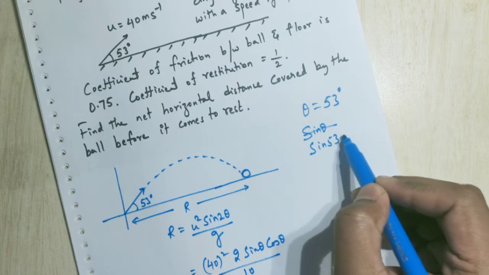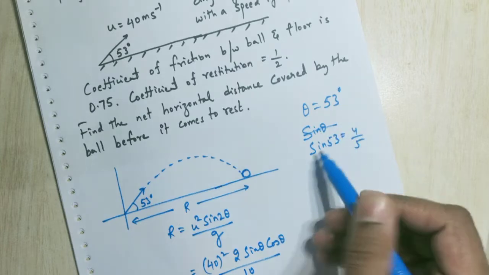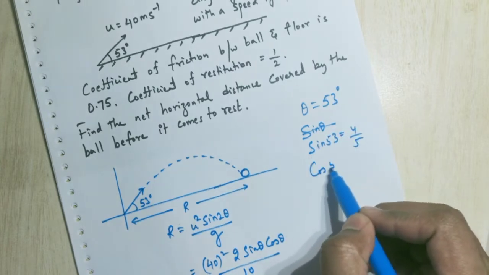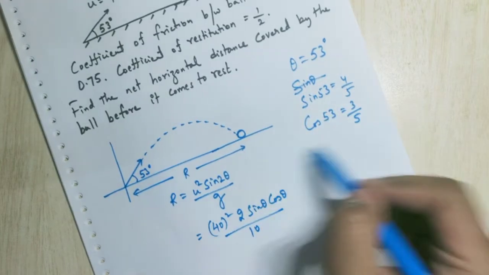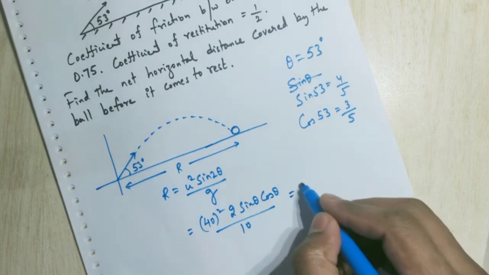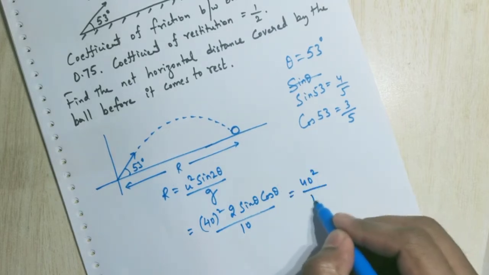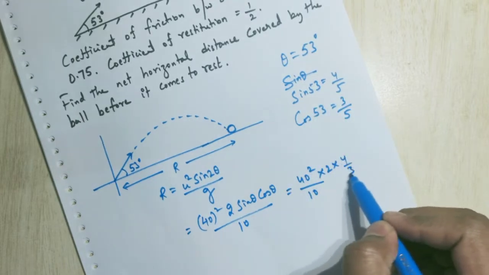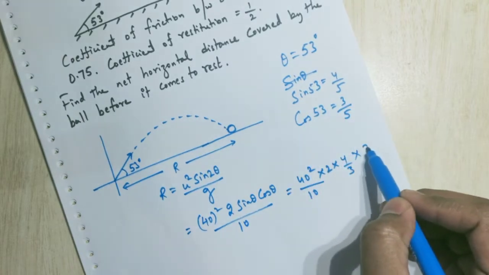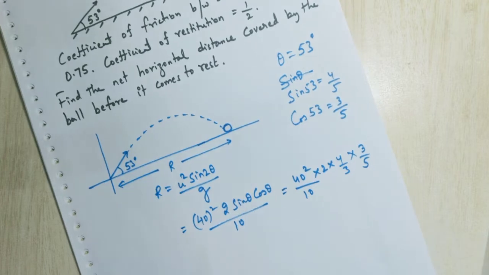Sine 53 is approximately 4 by 5 and cos 53 is 3 by 5. So substitute all these values, so we get 40 square by 10 into 2 into sine 53, that is 4 by 5, into cos 53, that is 3 by 5.